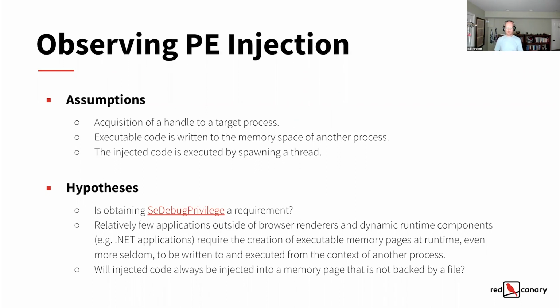But to what extent is that expected in other processes? Another question would be, will injected code always be injected into a memory page that is not backed by a file? So these are questions that I would love to have more confident answers to through the course of developing detection logic.